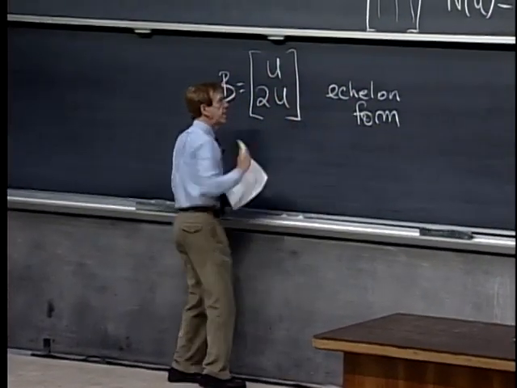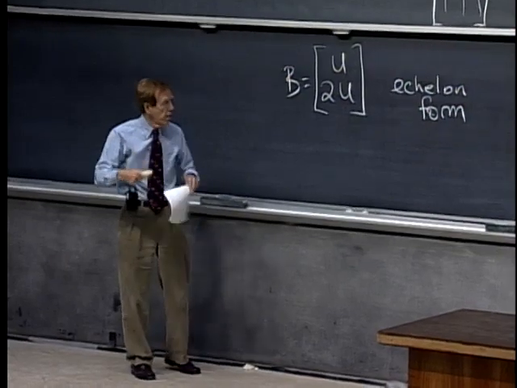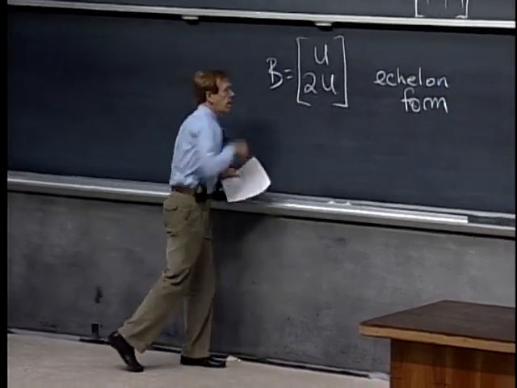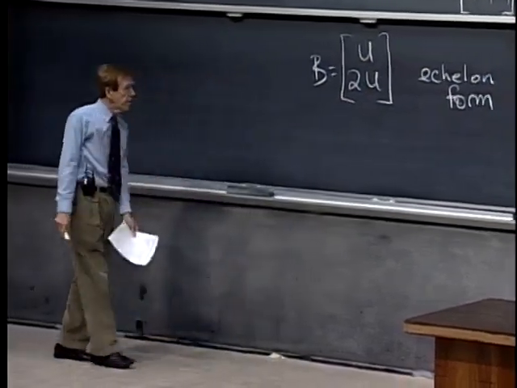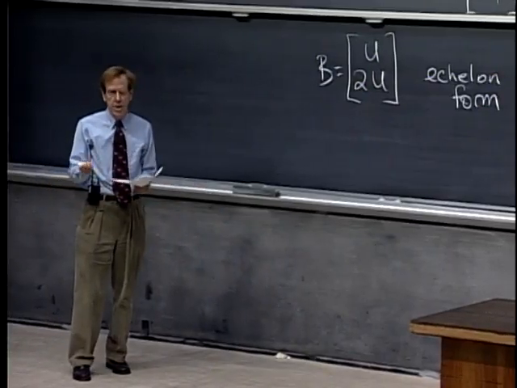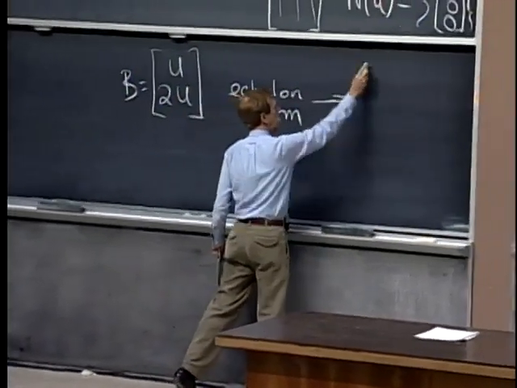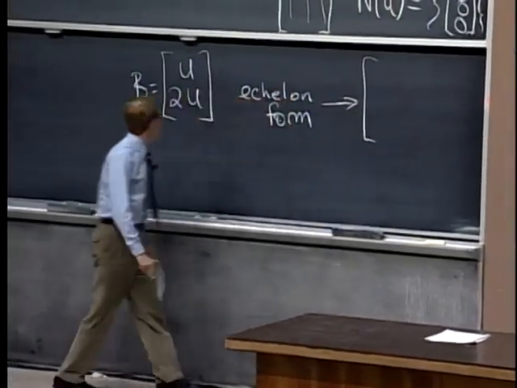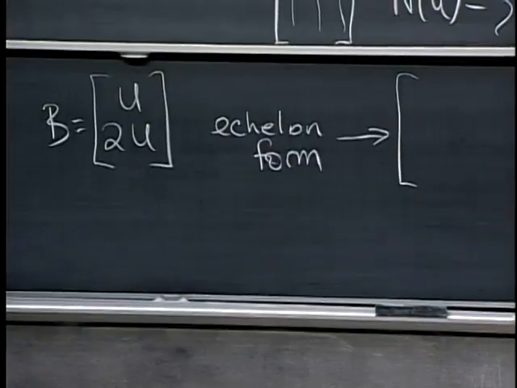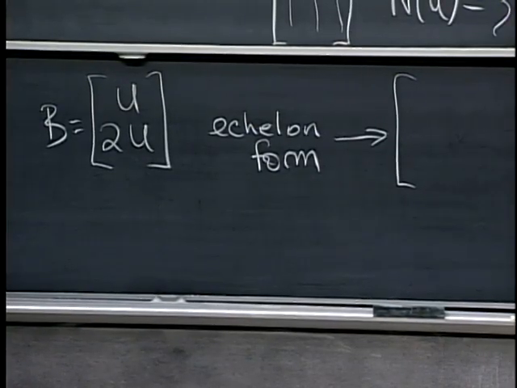So imagine that U is in reduced row echelon form, but now I've doubled the height of the matrix. What will happen when we do row reduction? What row reduction will take us to what matrix here? So you start doing elimination.